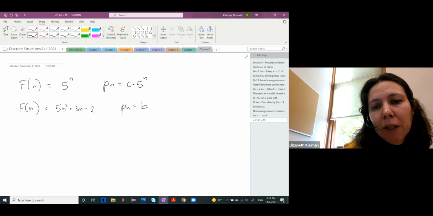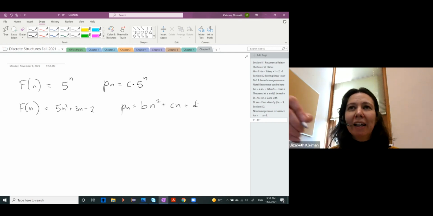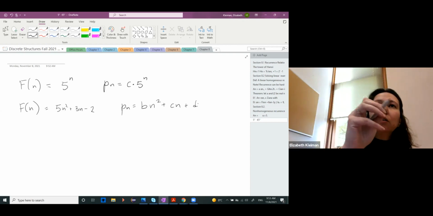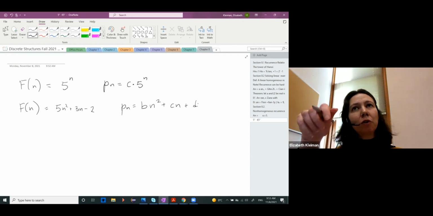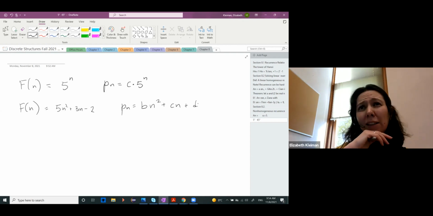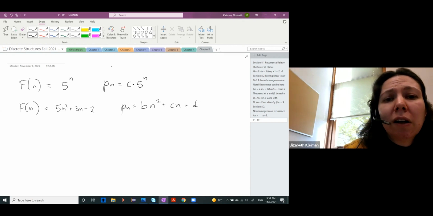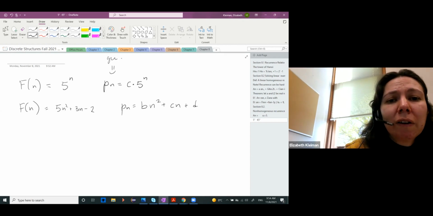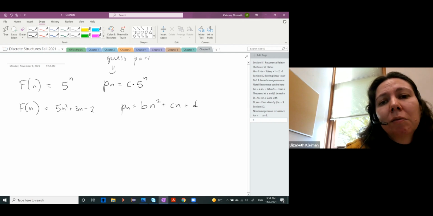Let's do bn squared plus cn plus d; that is going to be your guess for the solution. So they're always going to have a similar form to the function with some constants nearby. Does that make sense? This is how you guess the particular solution.